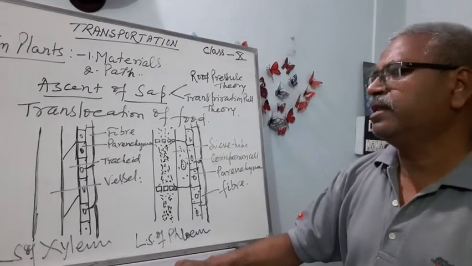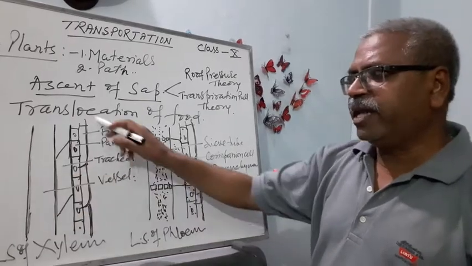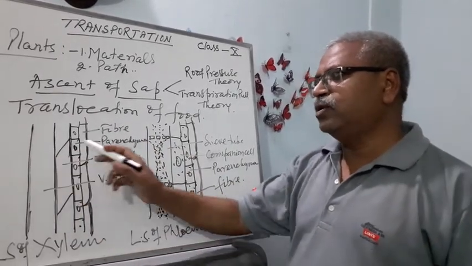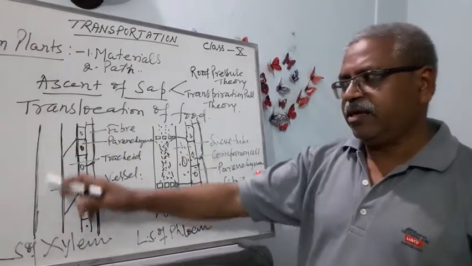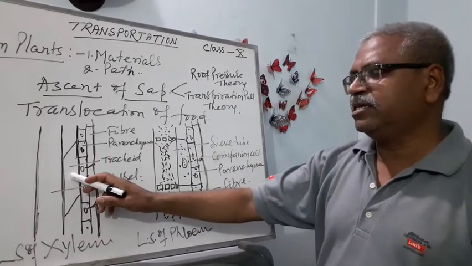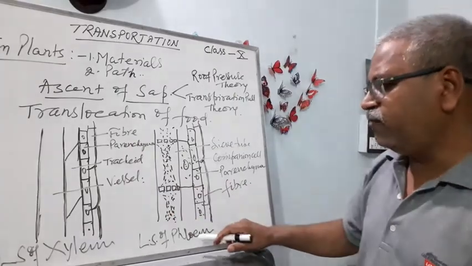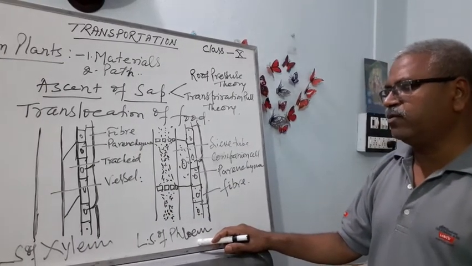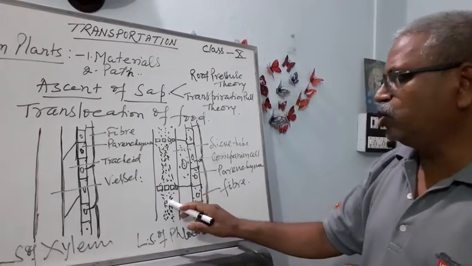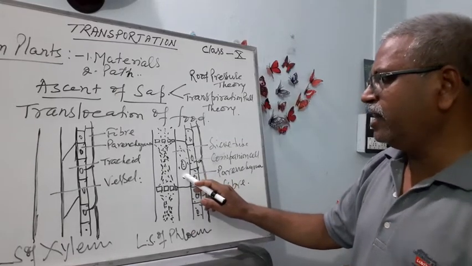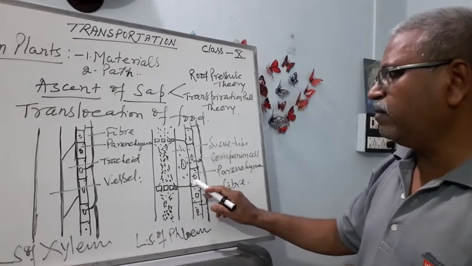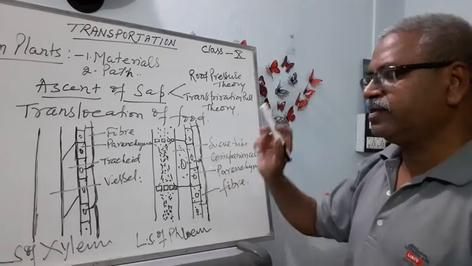As you know, xylem is a complex tissue made of 4 types of cells: vessels, tracheids, parenchyma, and fiber. Similarly, phloem is also a complex tissue made of 4 types of cells: sieve tube, companion cell, phloem parenchyma, phloem fibers.